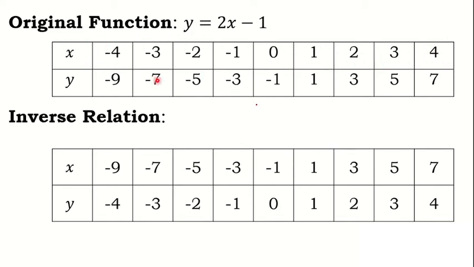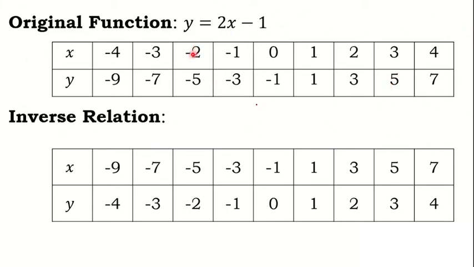Substitute negative 4 into our original function: 2 times negative 4 minus 1, negative 9. 2 times negative 3 minus 1, negative 7. 2 times negative 2 minus 1, negative 5. 2 times negative 1 minus 1, negative 3. 2 times 0 minus 1, negative 1. 2 times 1 minus 1, 1. 2 times 2 minus 1, 3. 2 times 3 minus 1, 5. 2 times 4 minus 1, 7. So this is the original function.